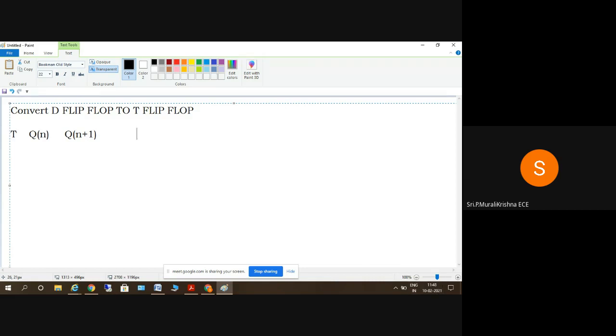So there is the first step here, D to T flip flop: 0 0 0 1, 1 0 1 1, and you know the values of q of n plus 1. So q of n plus 1, when t is equal to 0, is the value of q of n, and when t is 1 it is the complement value. So 0 1 1 0. And we need the excitation table of d flip flop here.